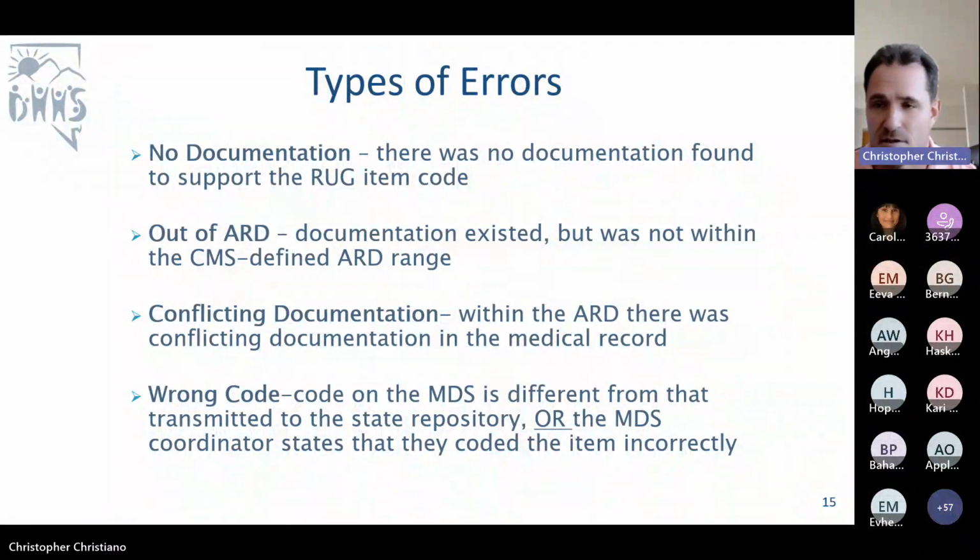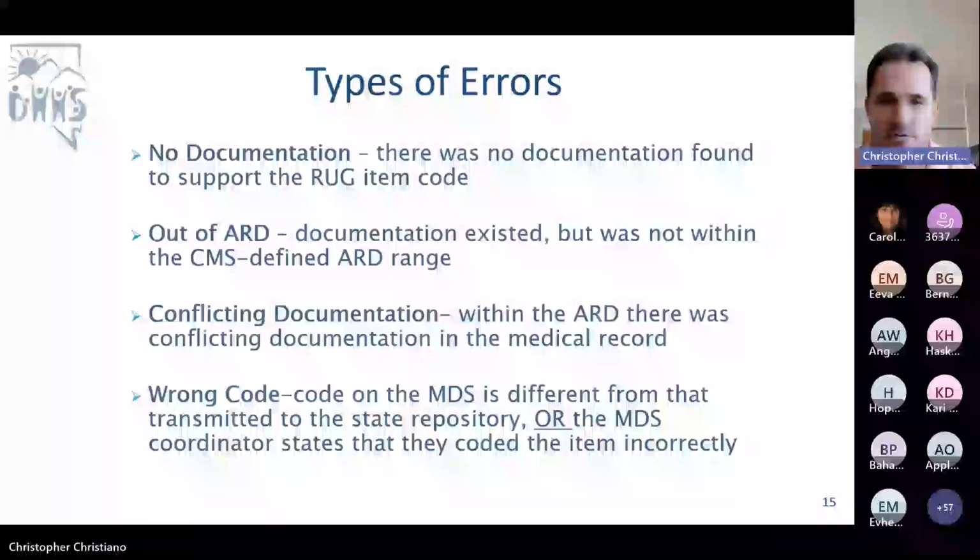Conflicting documentation is another thing we often come across, okay? So there are conflicts about what was reported on the MDS. It doesn't accurately report that. We may record it as either no documentation or conflicting documentation. Wrong code, I think that's pretty straightforward. That's basically a different code than what was transmitted to the state repository or the MDS coordinator, okay?